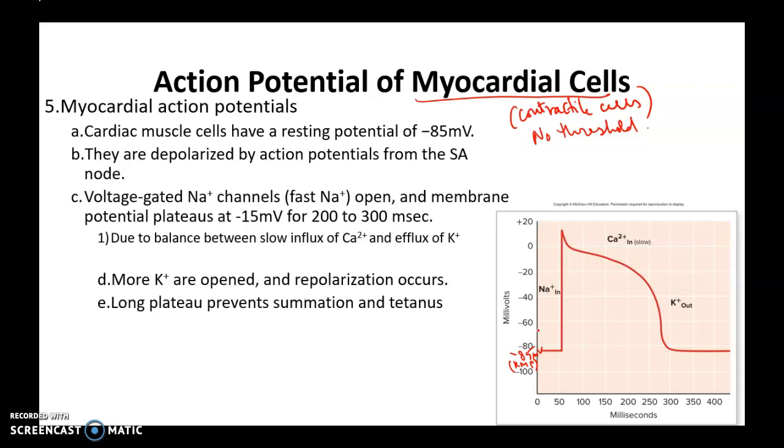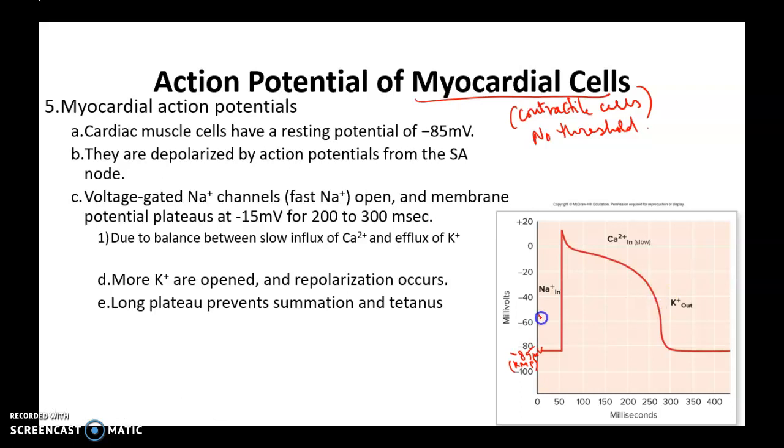So you can think of it like this: the action potentials are generated by the specialized cells, and the action potential flows via these gap junctions and reaches the myocardial cells.